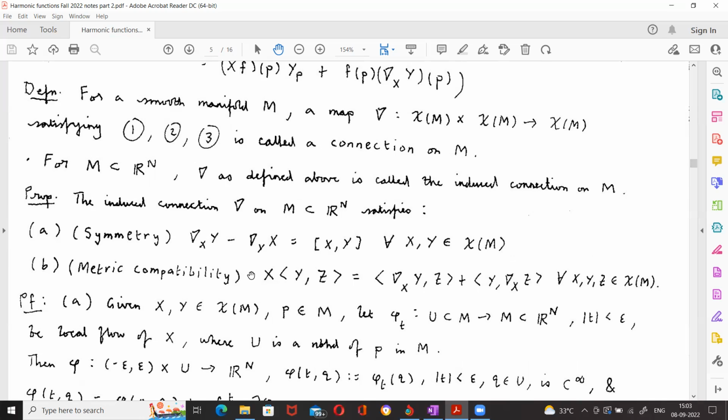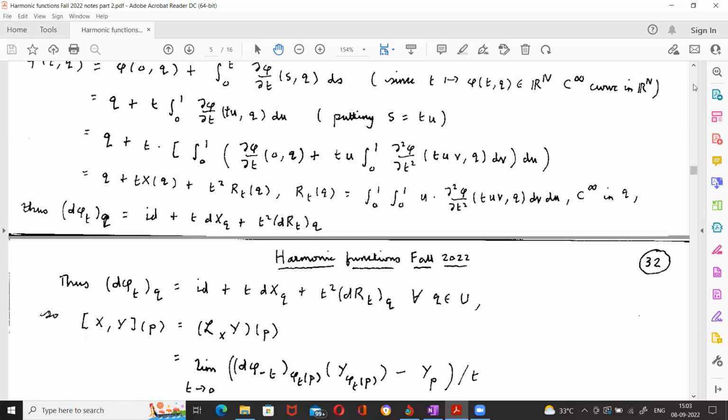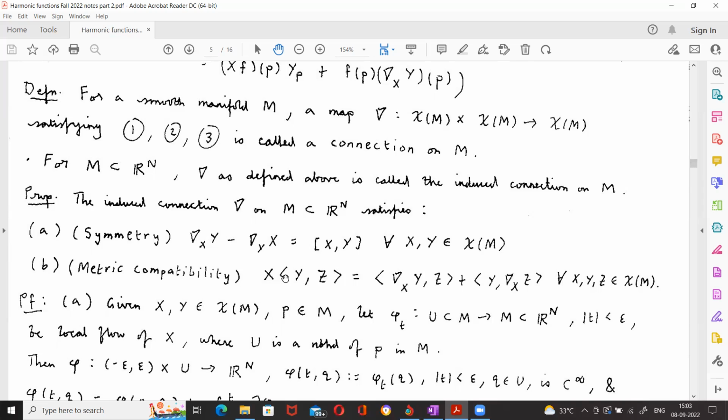And now we have a Riemannian manifold, so the inner product of two vector fields makes sense. So then x of inner product yz is equal to inner product nabla xy with z plus inner product y with nabla xz. Okay. So this second condition is saying that your connection behaves well with respect to the Riemannian metric, right?